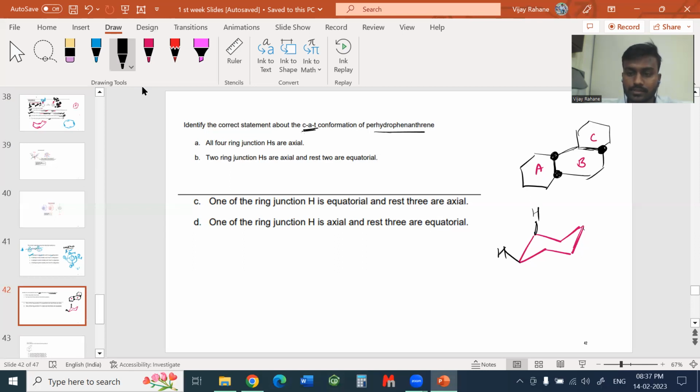This one should be an up one, right? And the adjacent hydrogen should be down, right? This hydrogen is down, so the hydrogen is written like this.